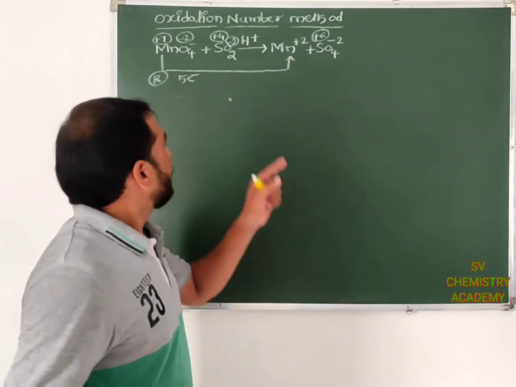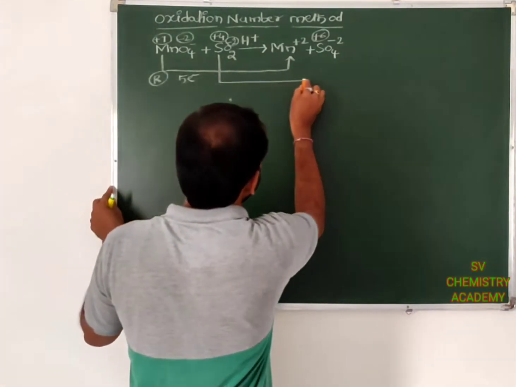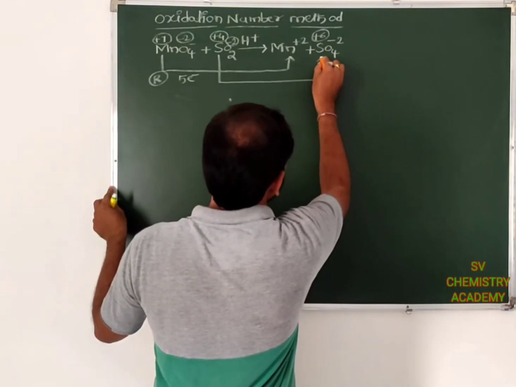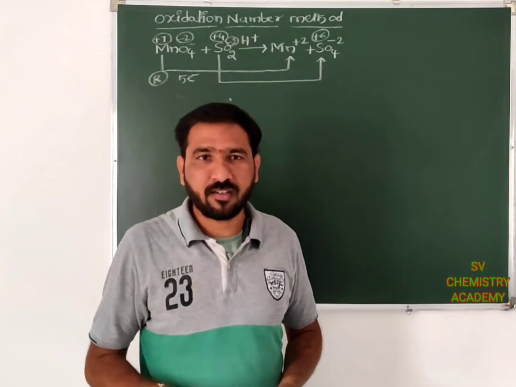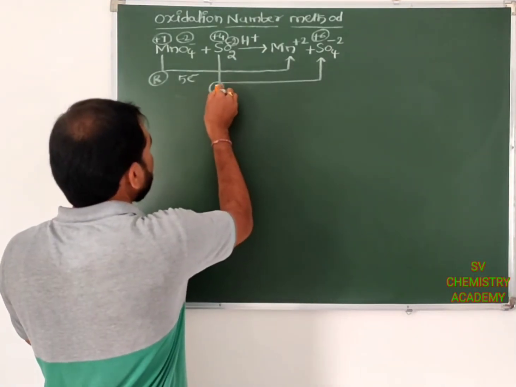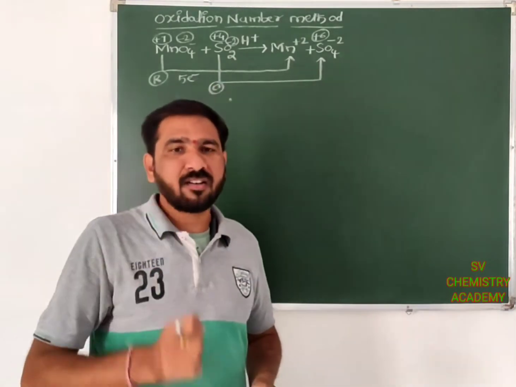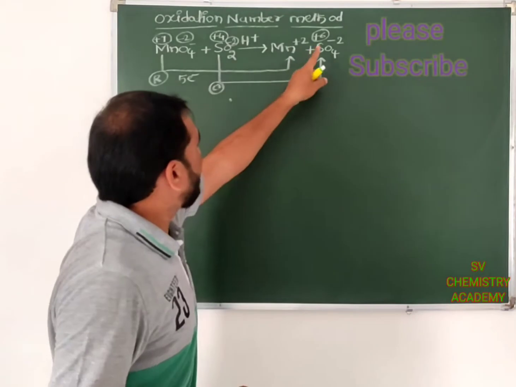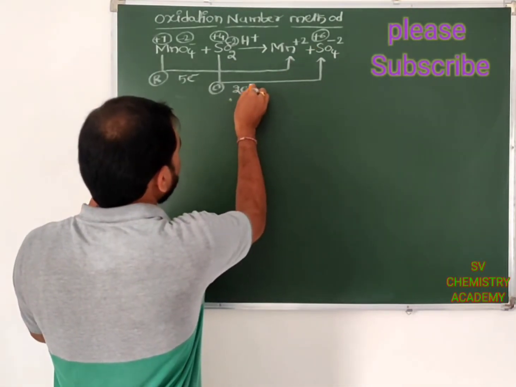After that, the next one: plus 4 oxidation state of sulfur, and on the right side plus 6 oxidation state. Is it clear? Plus 4 to plus 6 conversion means loss of electrons. Loss of electrons is the oxidation process. But in this oxidation process, how many electrons participated? Plus 4 to plus 6 means 2 electrons are lost here. So those 2 electrons we need to write.